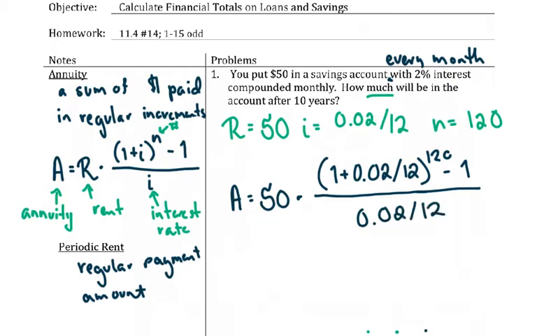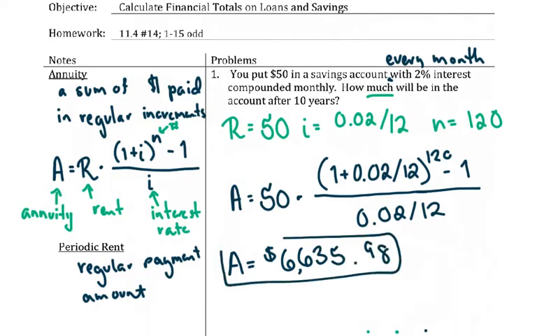Hopefully this is very clearly a calculator problem with an exponent like that. We'll plug everything in, and we'll end up with the total value being $6,635.98.